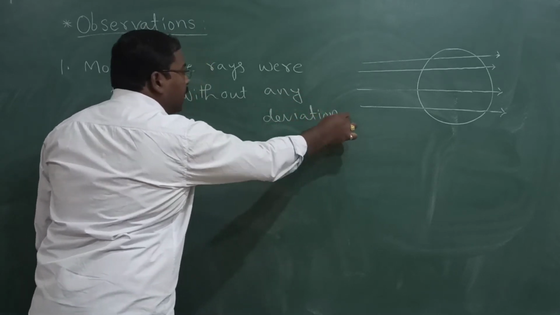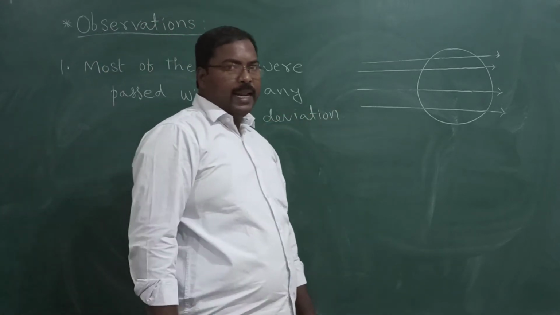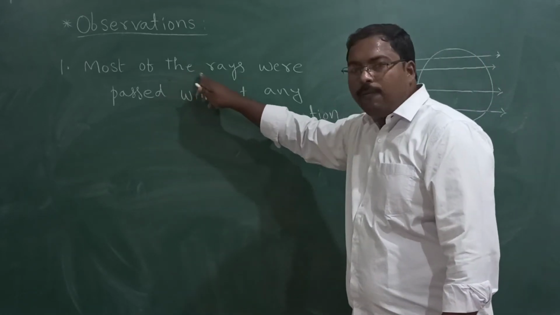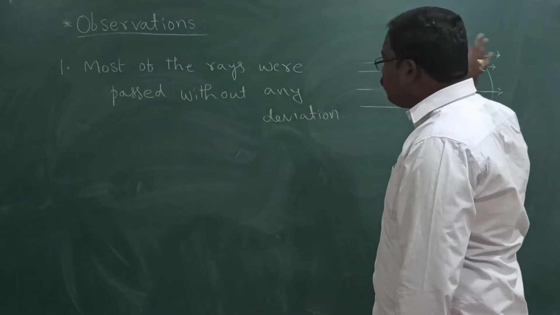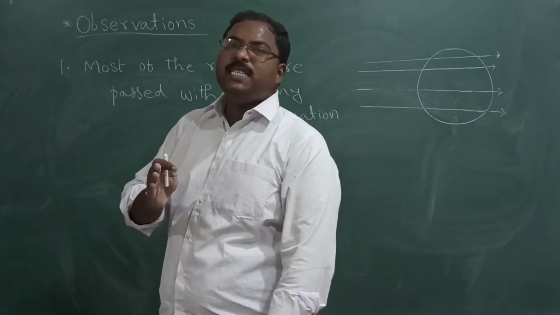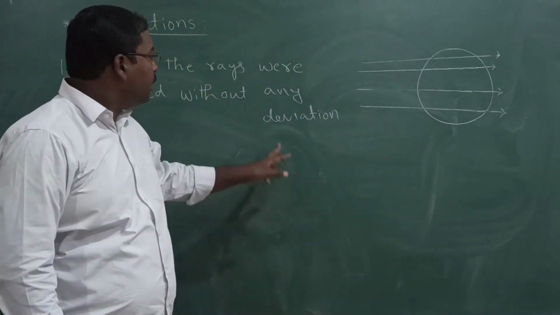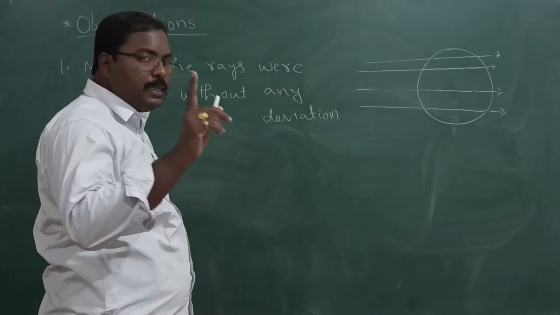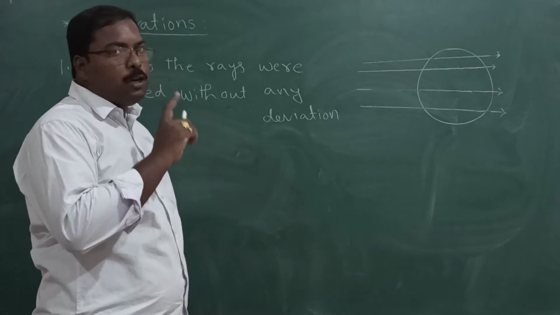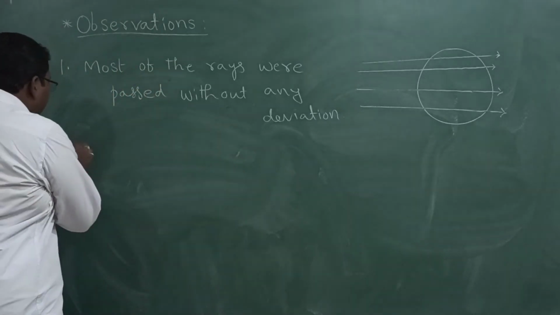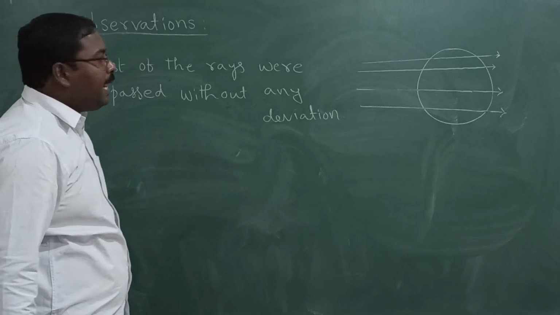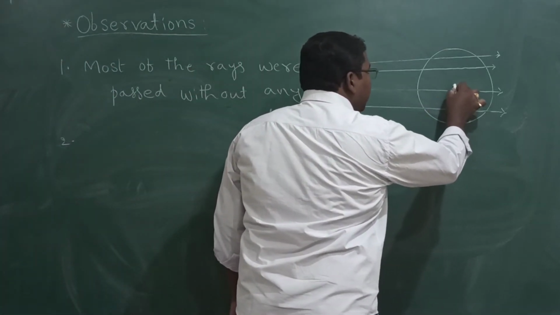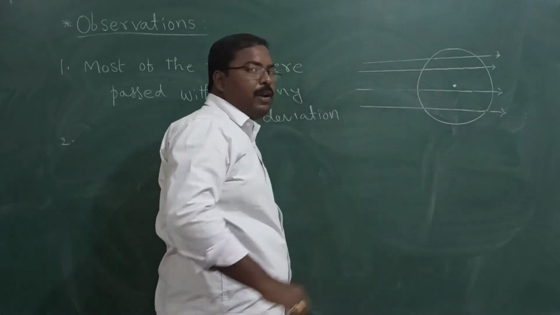Deviation in the sense, change in the direction. Most of the alpha rays passed simply through the atom without changing their direction. So without any deviation, they simply pass through the atom. That is the first type of rays he observed in the experiment. Now, coming to the second type of rays. Here, we know that nowadays at the center of the atom there will be a nucleus.